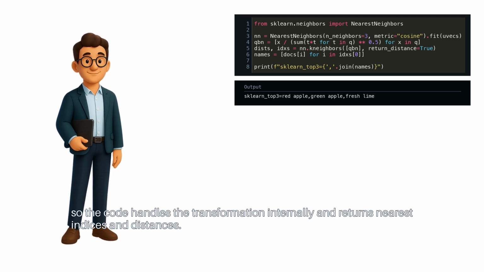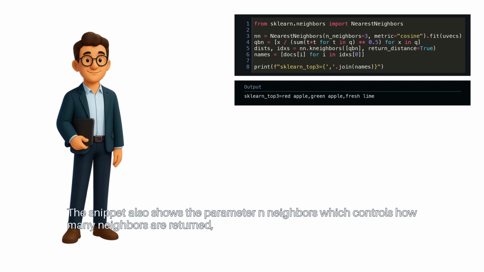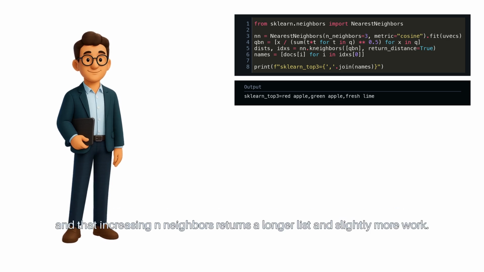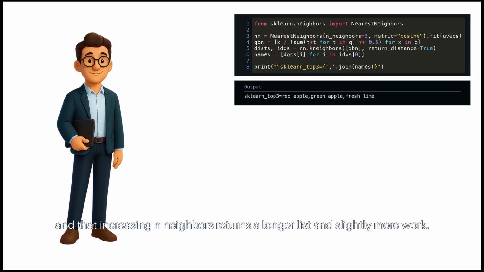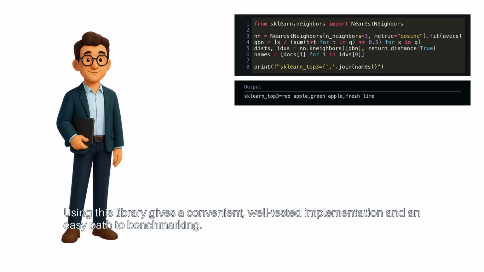So the code handles the transformation internally and returns nearest indices and distances. The snippet also shows the parameter n_neighbors, which controls how many neighbors are returned, and that increasing n_neighbors returns a longer list and slightly more work. Using this library gives a convenient, well-tested implementation and an easy path to benchmarking.